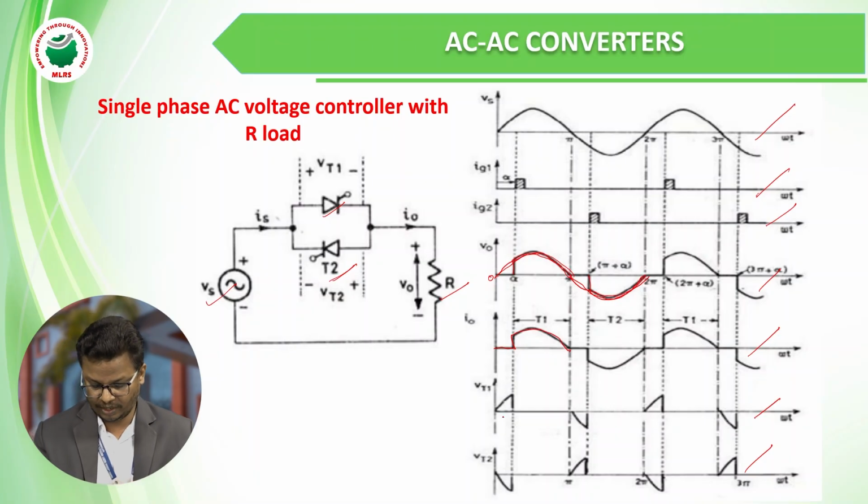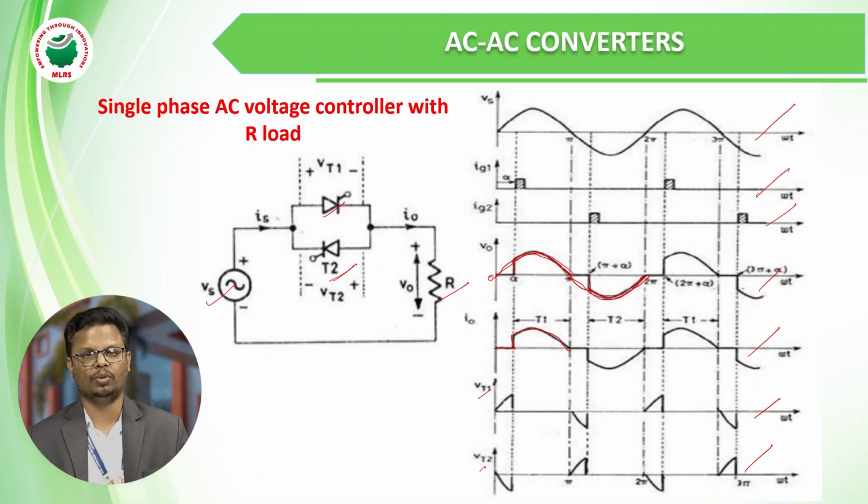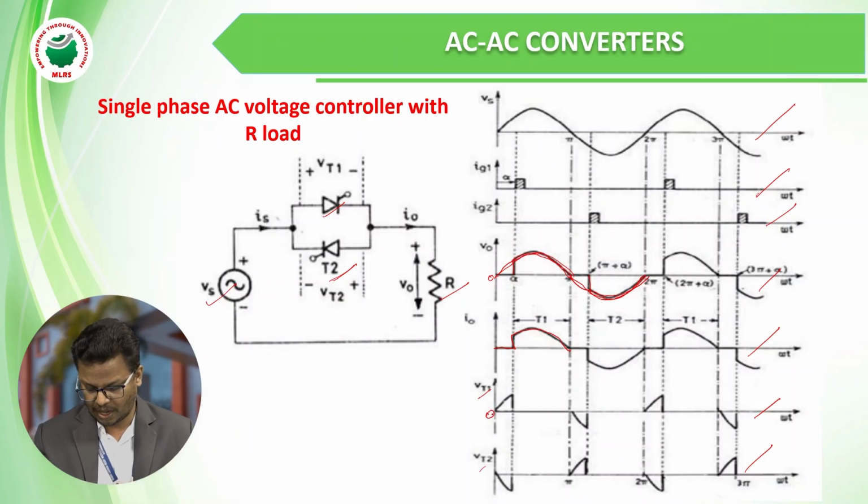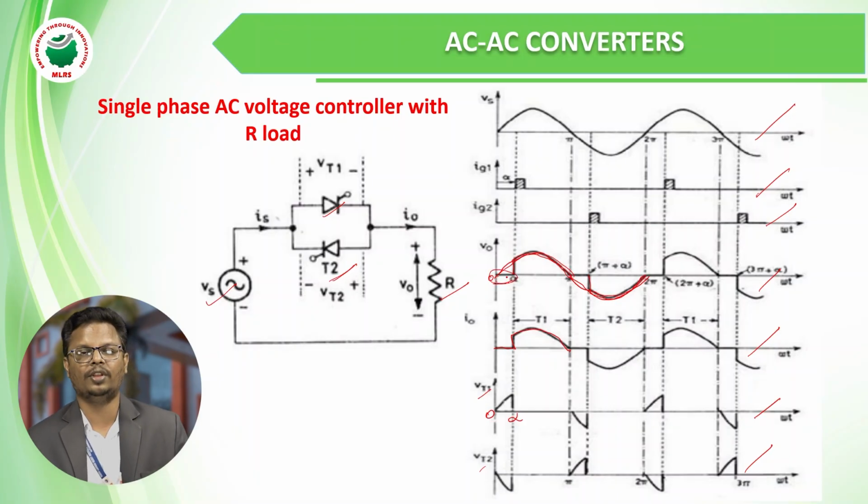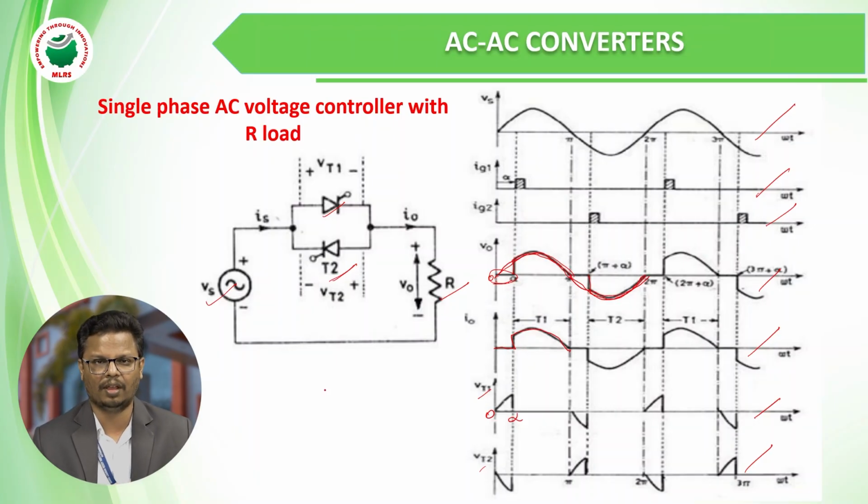And we have to see VT1 and VT2. If you observe here, from 0 to alpha we are observing the voltage across VT1. Why? Because already we discussed that from 0 to alpha the output voltage is 0. When the output voltage is 0, the supply voltage will be present across VT1 and VT2.